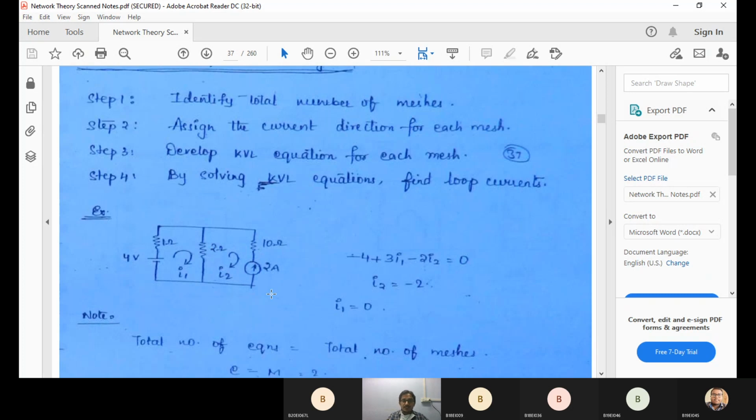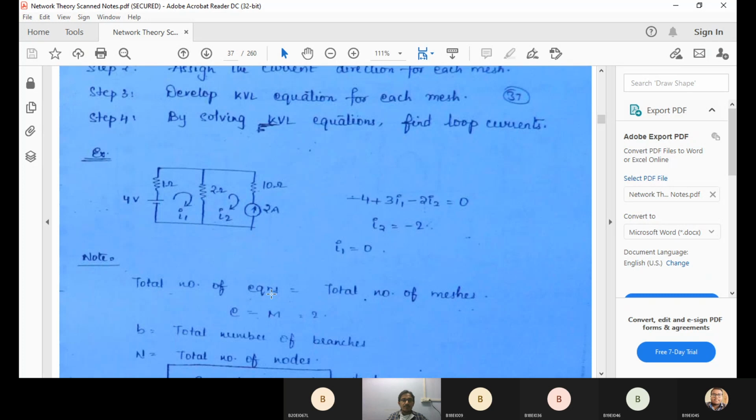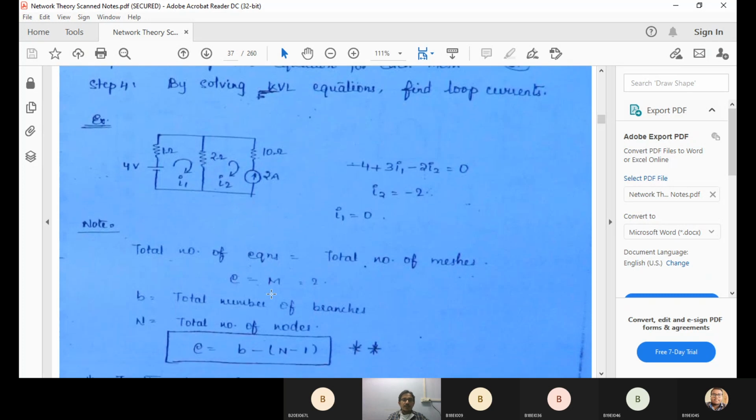If you solve this, you can find out I1 and I2. I2 is equal to minus 2, that is already there, and I1 is 0. Whether it is true, have you checked the equations?